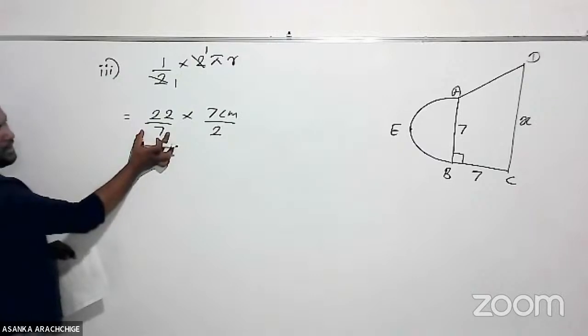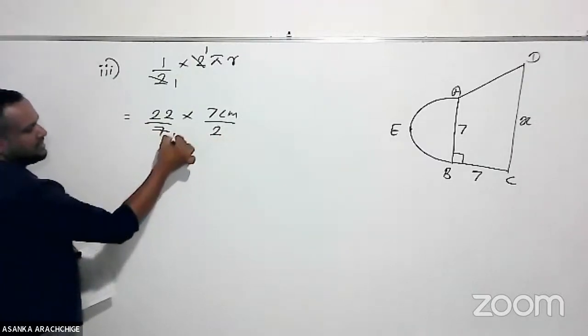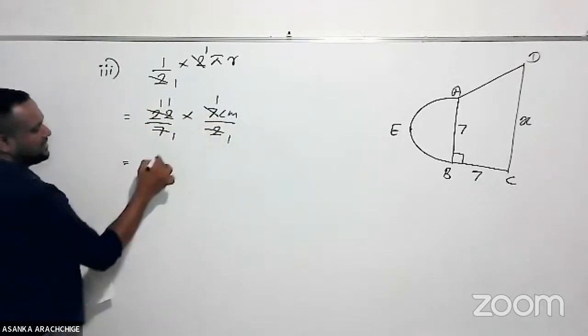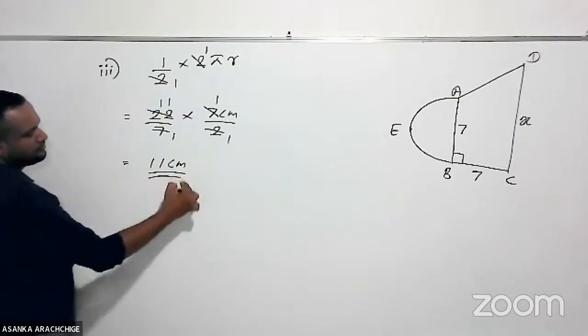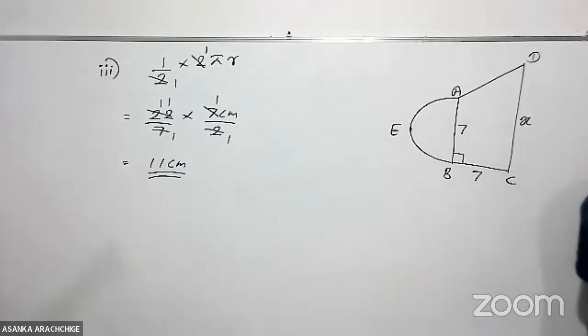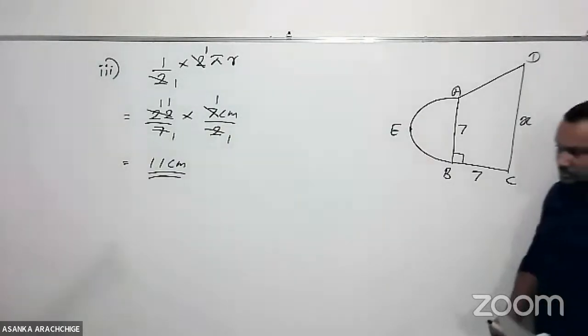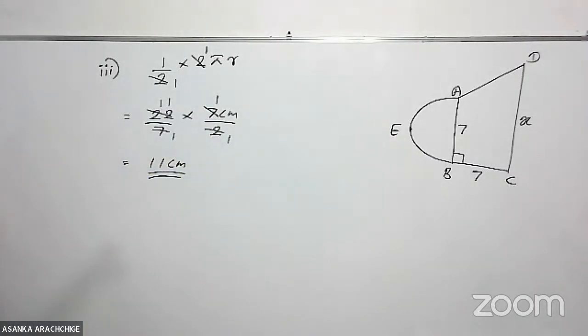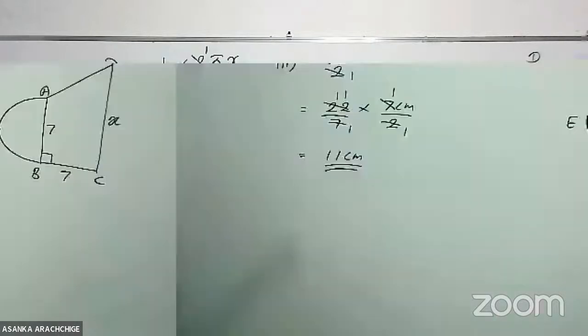So pi r is 7 times 1, 2 times 11. 11 times 1, answer 11 centimeters.